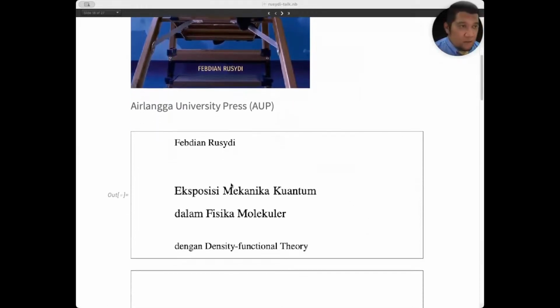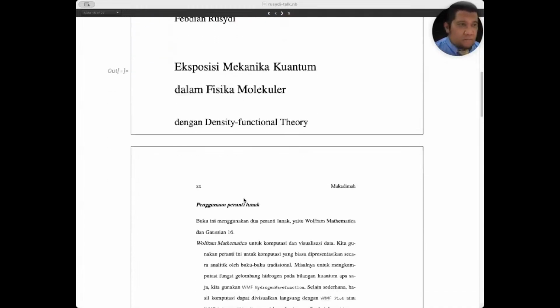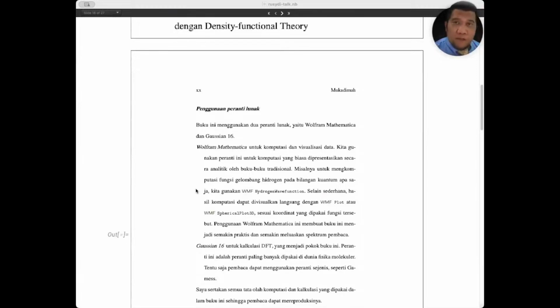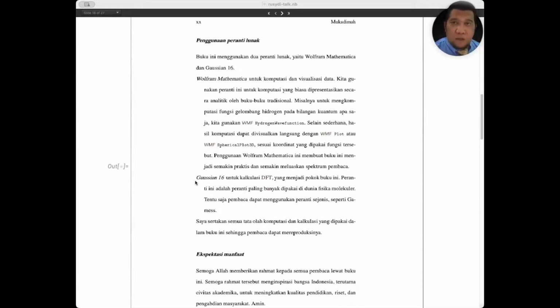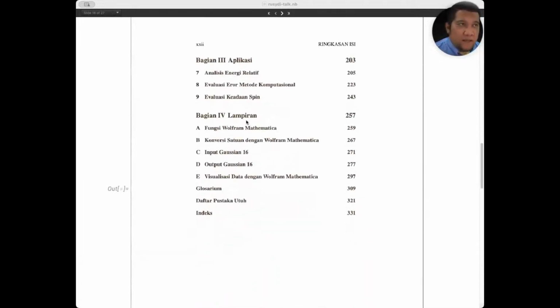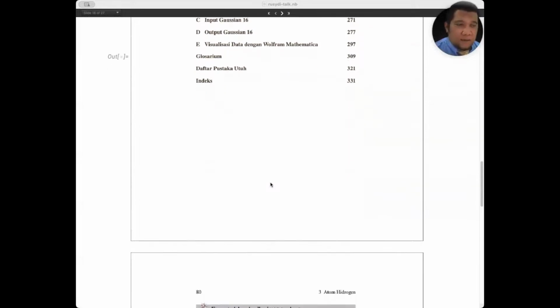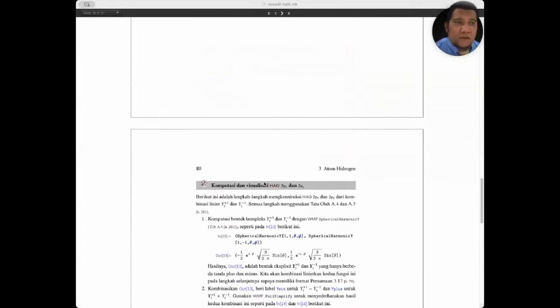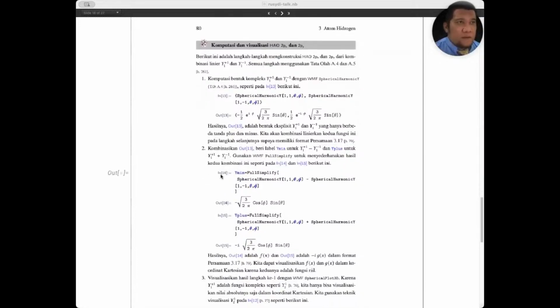In this book, I even put chapters and sections to explain how to use Wolfram function. Here I explain about the Wolfram Mathematica and also Gaussian 16. And especially in appendix, I put how to use Wolfram Mathematica functions, how to convert the units, also how to visualize data using Wolfram Mathematica.